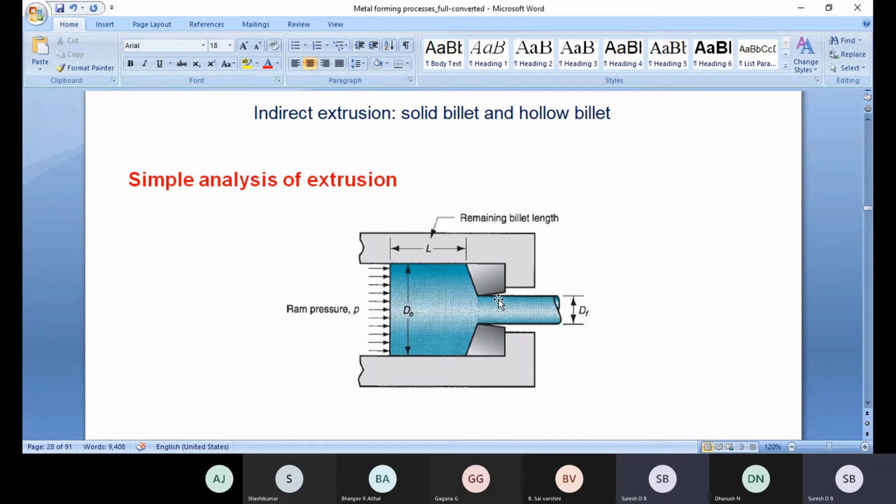To avoid that, so the extruded component moves rightward easily without any sliding action or friction between the die and the extruded component, all dies are manufactured with some taper along the x direction as well as the y direction. This is the x direction; along the y direction also they manufacture some taper.